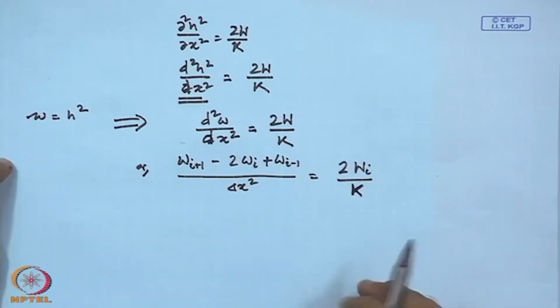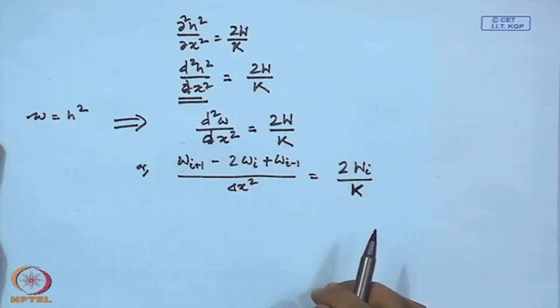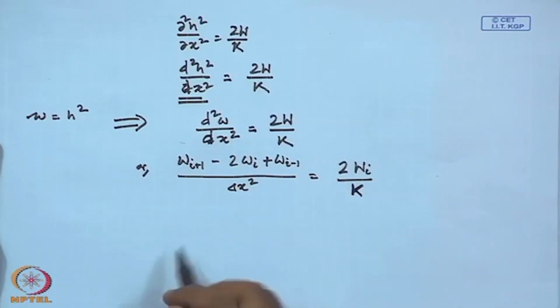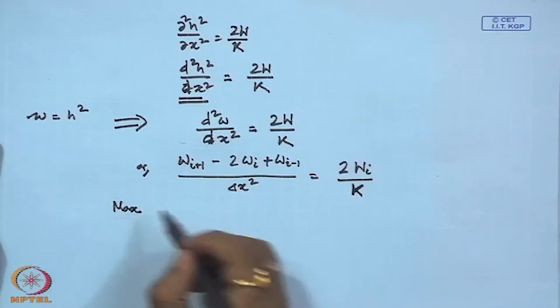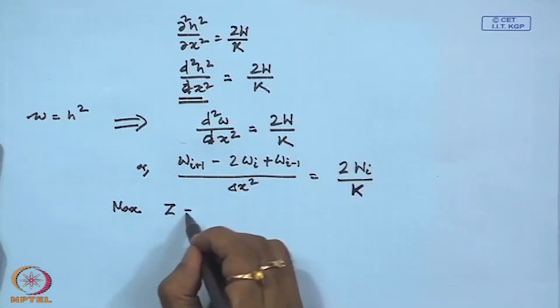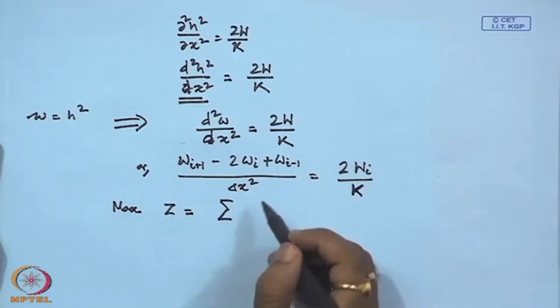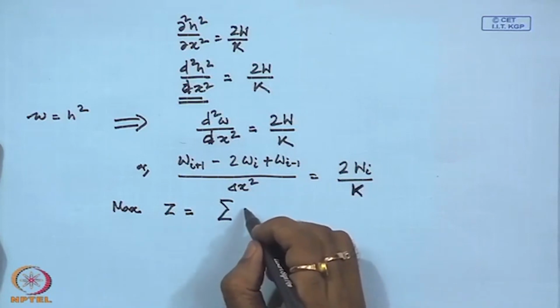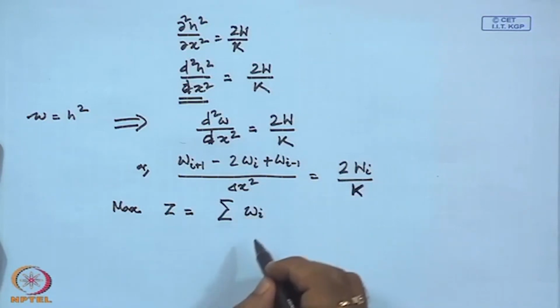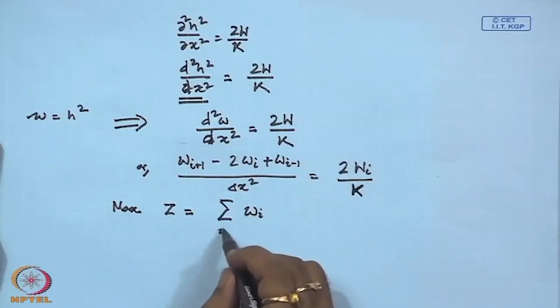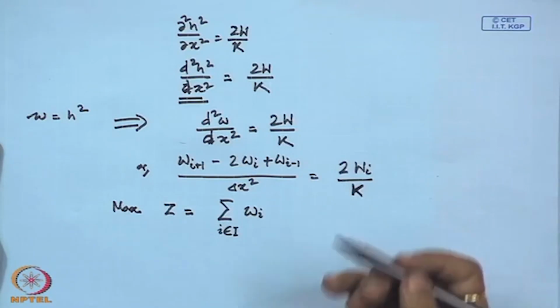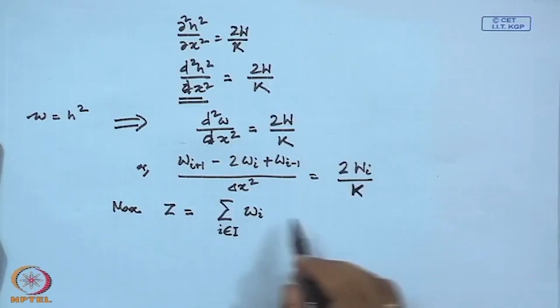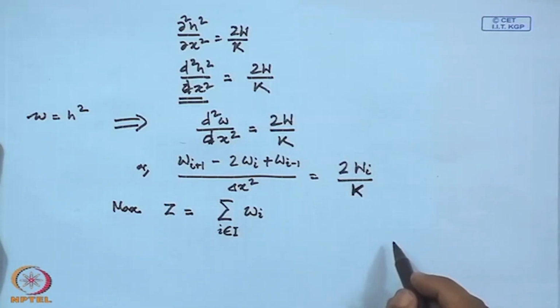Our optimization problem will then become: maximize Z, which is the summation of all small w i's, where i belongs to the set capital I, which is the set of all wells.